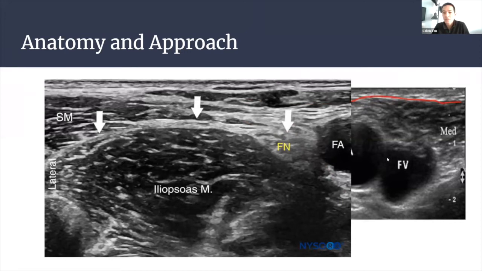But you go from seeing the vein, artery, nerve, now seeing the artery, the femoral nerve, and the most important thing that you're going to need for your landmark here, the iliopsoas muscle and the sartorius muscle up here. And as the arrows are indicating to you, this kind of hyperechoic or bright line here is the fascia iliaca, which is going to be what you're trying to get into as you do the block.